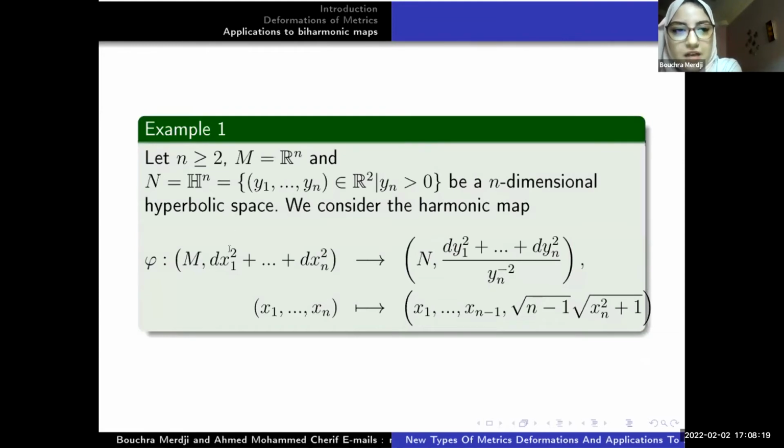So we have as an example a map defined from a manifold M, which is equal to Rn, equipped with the usual metric, to the manifold N, which is the n-dimensional hyperbolic space. And this is how we construct this map.